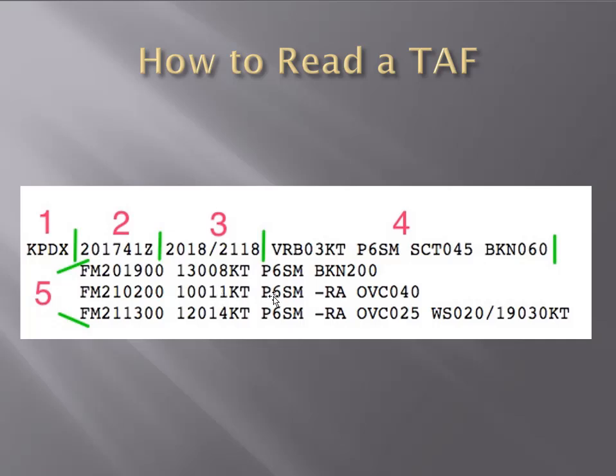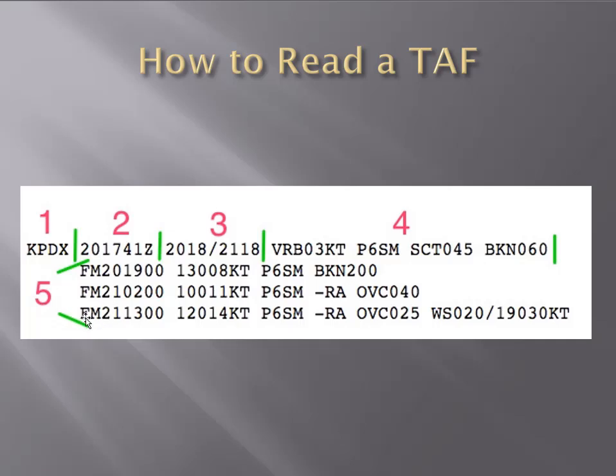Still visibility P6SM, but we do have some light rain in the forecast, and we're going to see overcast skies at 4,000 feet. So this is telling you that we do have some light rain, an easterly wind at 11 knots, and we really don't have any kind of visibility or ceiling restrictions. So we're still VFR according to this TAF.